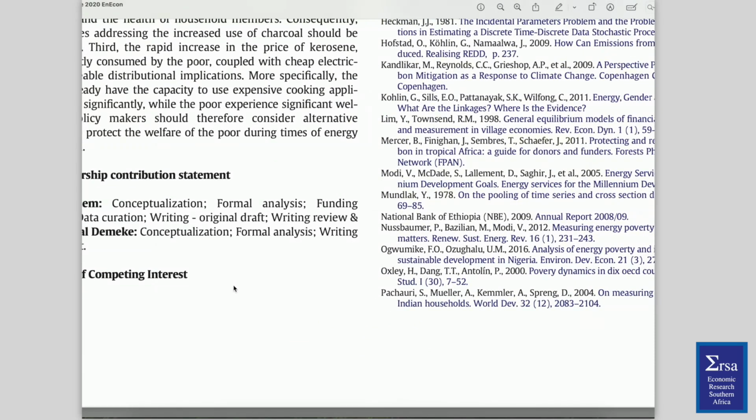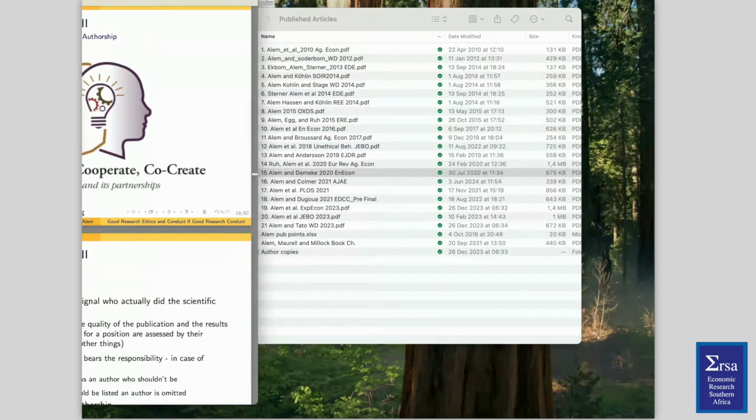Each author, 2 of us, has conceptualization, formal analysis, funding acquisition, data, writing original draft, writing review and editing. The next co-author: conceptualization, formal analysis, writing original draft. So when you list these, that clearly signals who did what, or who participated more.